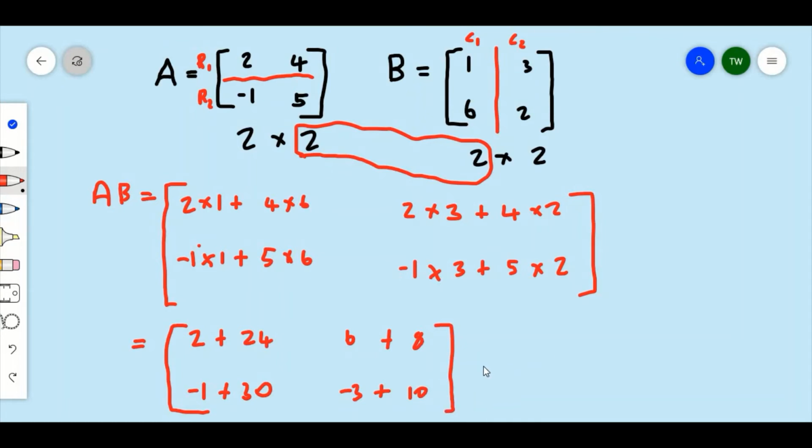Now we only have one final step to go. Now 24 plus 2, that's going to give us 26. 8 plus 6, that's going to give us 14.